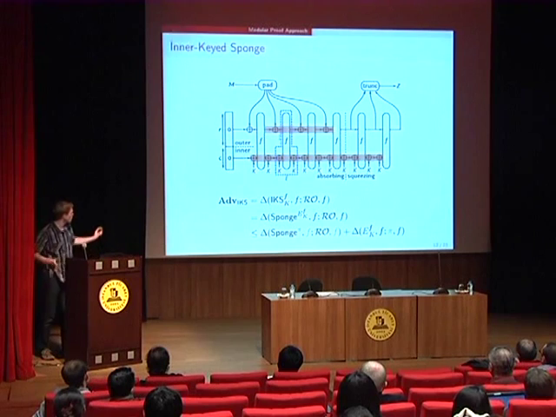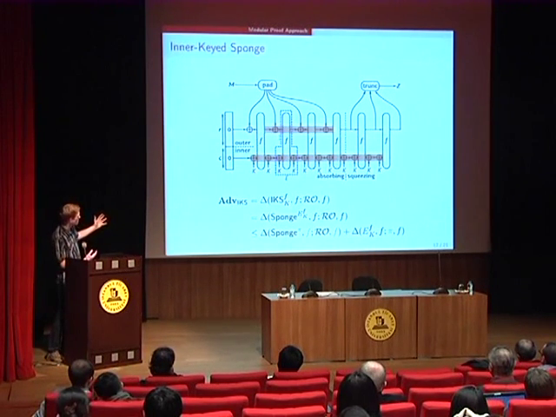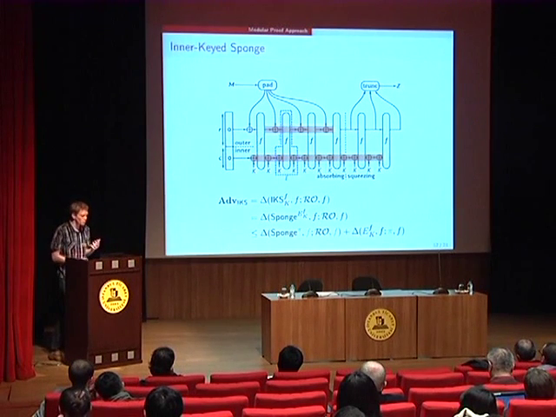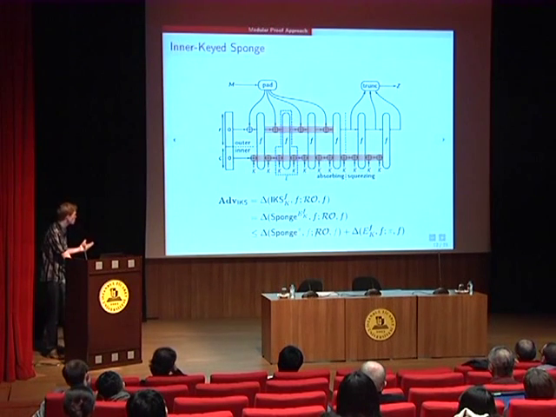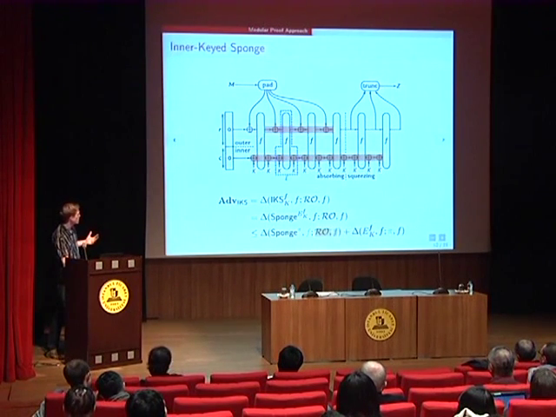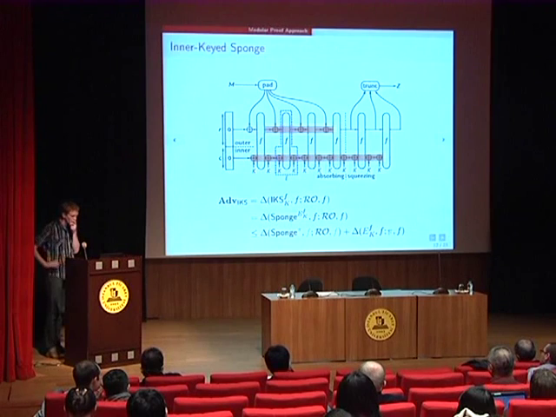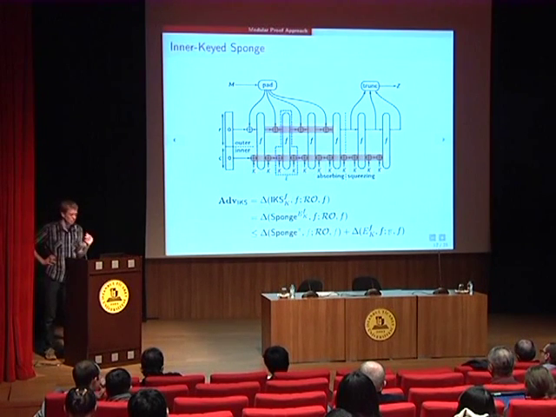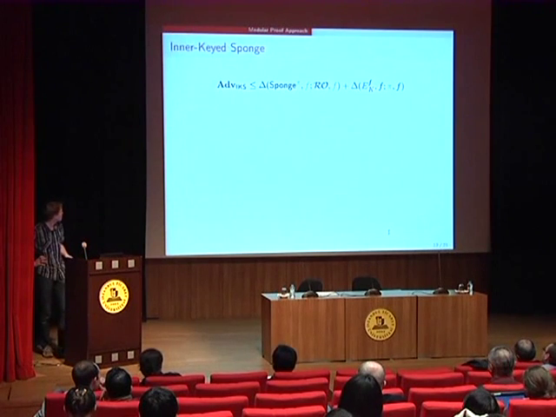This means that the distance between the original inner keyed sponge and the random oracle is upper bounded by the distance between the sponge based on a secret permutation and the random oracle, plus, of course, the distance at which this block cipher behaves like a random permutation. We consider these two terms separately.